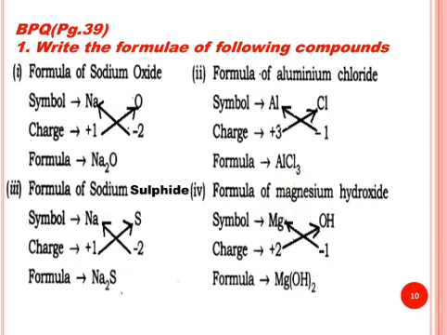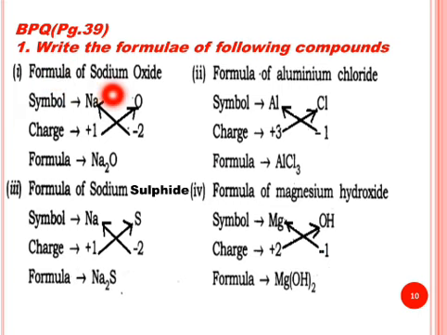Students, if you have practiced enough, then you can write chemical formulae directly. But if it is asked in exams to show formation of chemical formula by the crisscross method, then you have to show these chemical formulae by the crisscross method only. Otherwise, you can write these formulae directly.